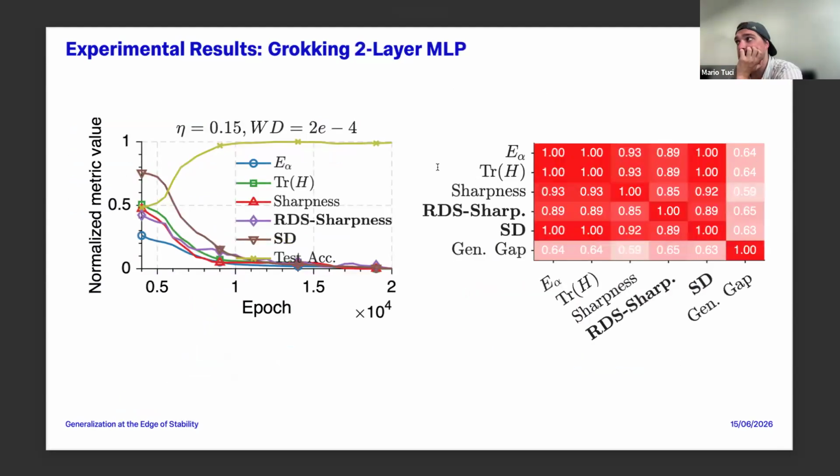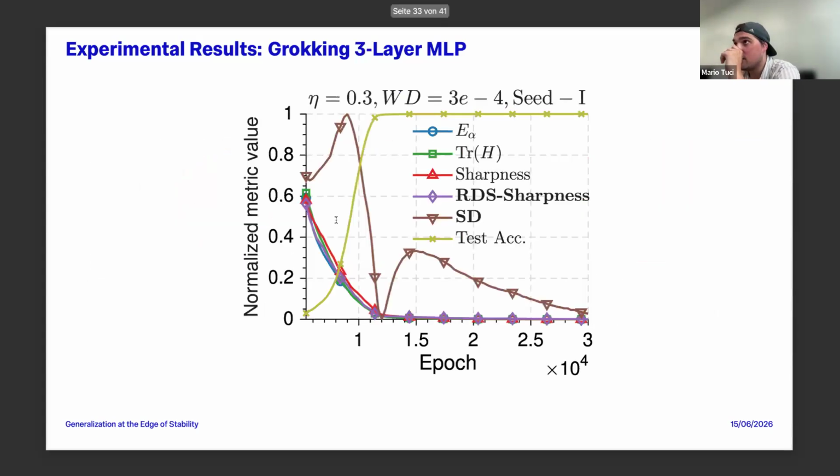So what we see here is for the 2-layer MLP, and we actually see that the sharpness and the trace are doing well, but also our quantities correlate pretty well with the phenomenon of grokking and the generalization gap. To make it more precise, in this example, we see the sudden jump, and we also see how our sharpness dimension drops.